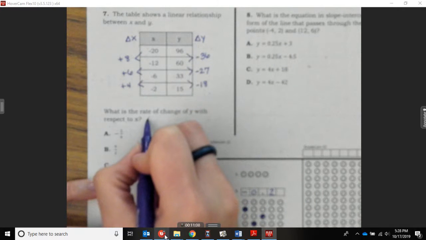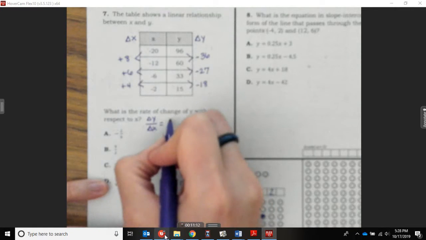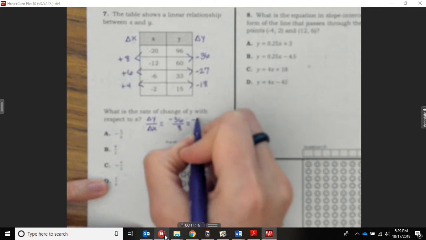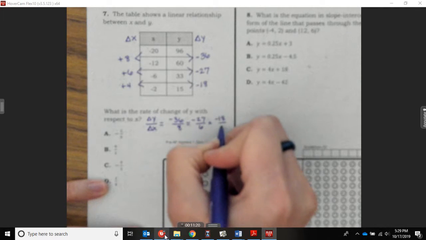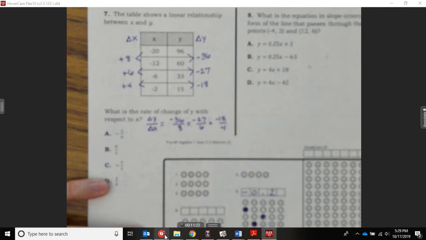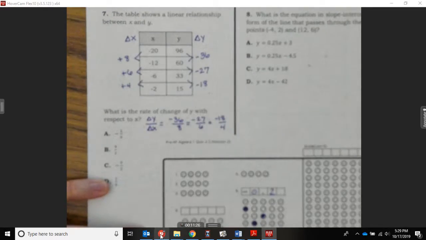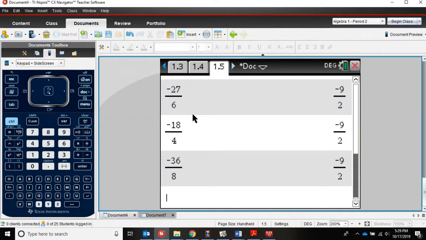And so remember, your change in y over your change in x is negative 36 over 8, or negative 27 over 6, or negative 18 over 4. But what do all of those equal? Okay, so I've actually already typed all of them into the calculator. And they all equal the same thing, negative 9 over 2.